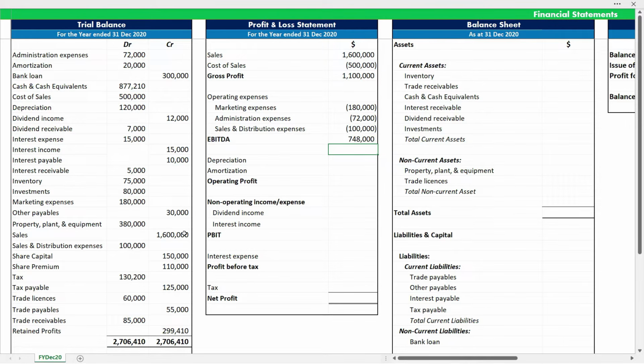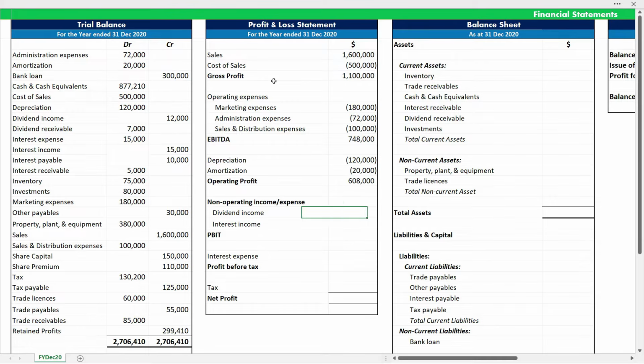Here is my EBITDA. Now let us talk about depreciation. Again, we will make it a negative value. So depreciation is here. And again, let us do the same for amortization expense as well. And now we can calculate our gross operating profit with all of these values. And now let us talk about non-operating income and expenses.